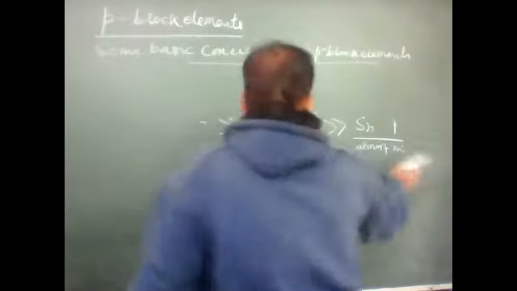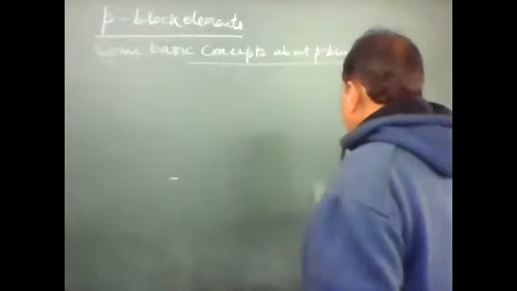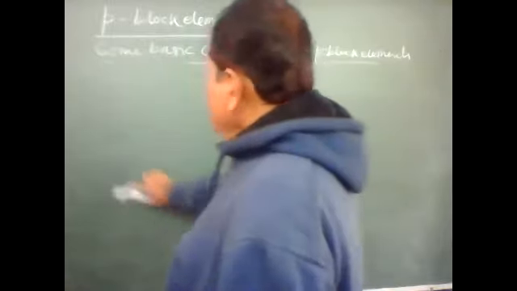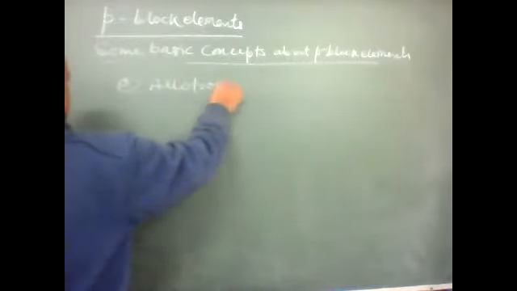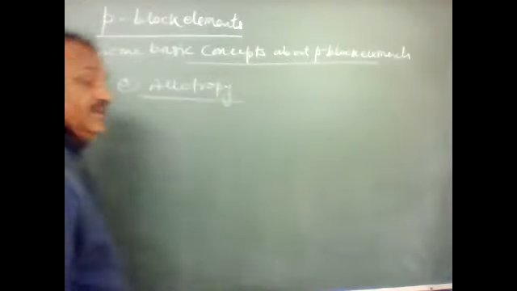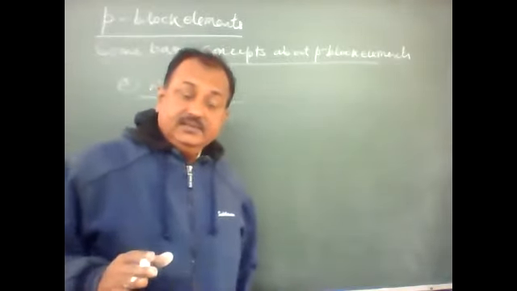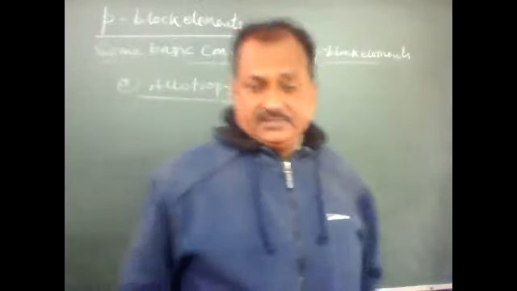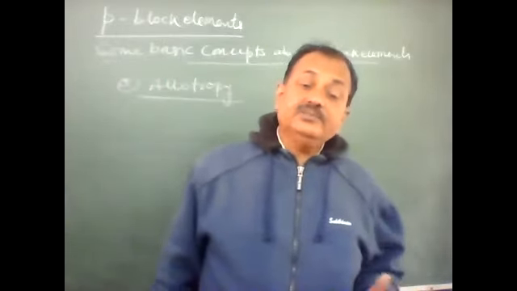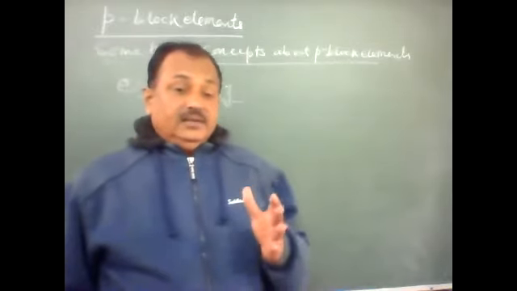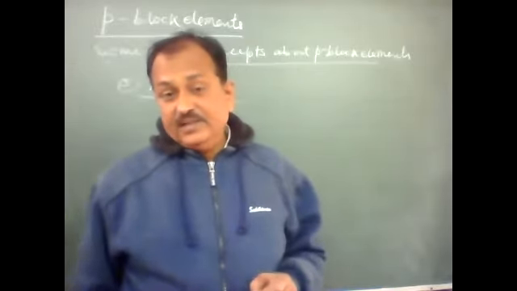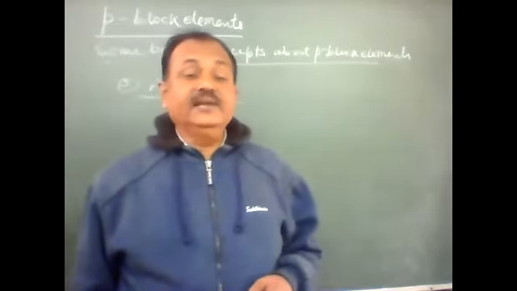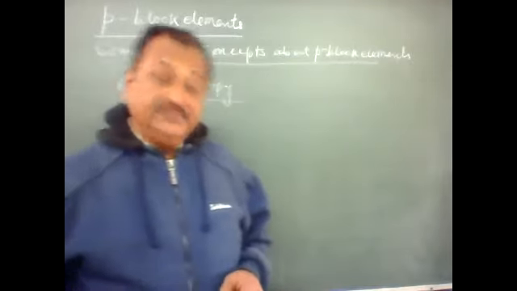Now coming to the third property, allotropy. Allotropy is defined as the property of some elements due to which there is formation of different forms. Different forms of elements are there having the same chemical properties but different physical properties.